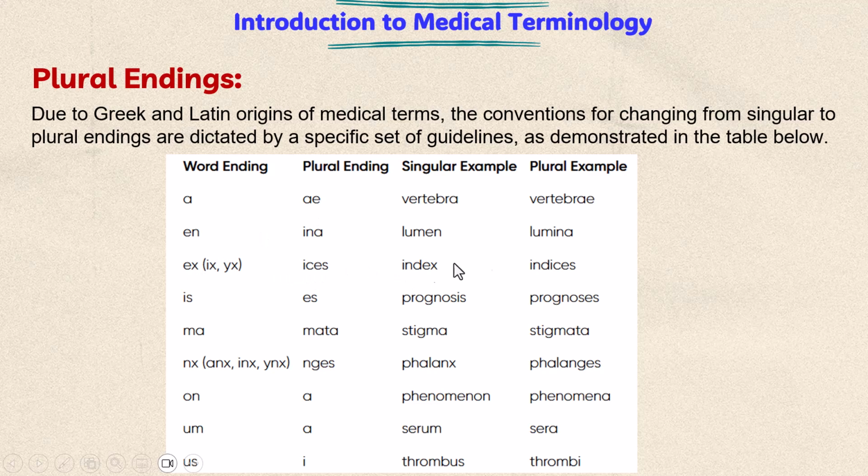For example, index, indices. Is into es. For example, prognosis, prognoses. Ma to mata. For example, stigma, stigmata. Nx into nges. For example, phalanx into phalanges. Similarly, on into a. For example, phenomenon, phenomena. Likewise, serum, sera. Thrombus, us into i, thrombi. So like that, the singular to plural changing occurs. You will learn in detail when you go to the section wise tutorial.